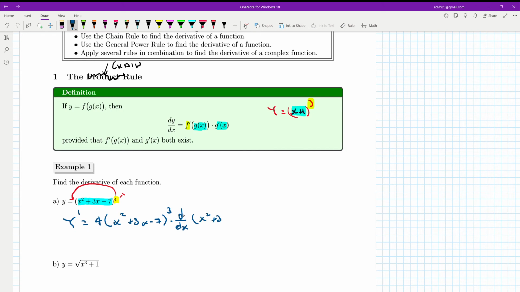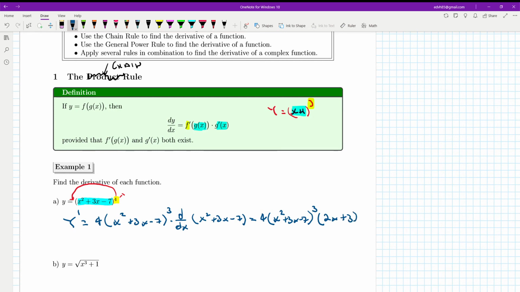Imagine having to FOIL that trinomial x squared plus 3x minus 7 four times. It's simply not so practical. So let's do the chain rule instead. That'll be 4 times x squared plus 3x minus 7 to the third power times the derivative of x squared plus 3x minus 7, which is 2x plus 3.